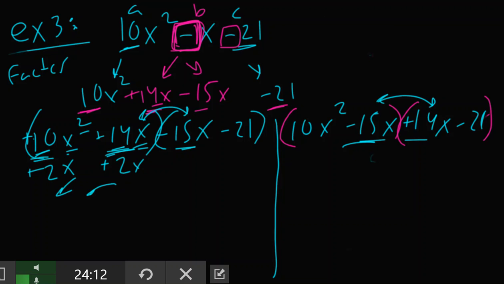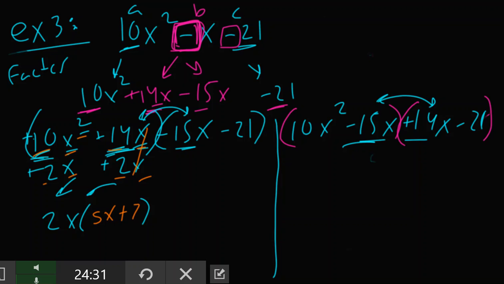So I pull this out, and I have 2x, parentheses. 10 divided by 2 is 5, and x squared divided by x is x. And what is 14x divided by 2x? Well, my x's cancel, and 14 divided by 2 is 7.